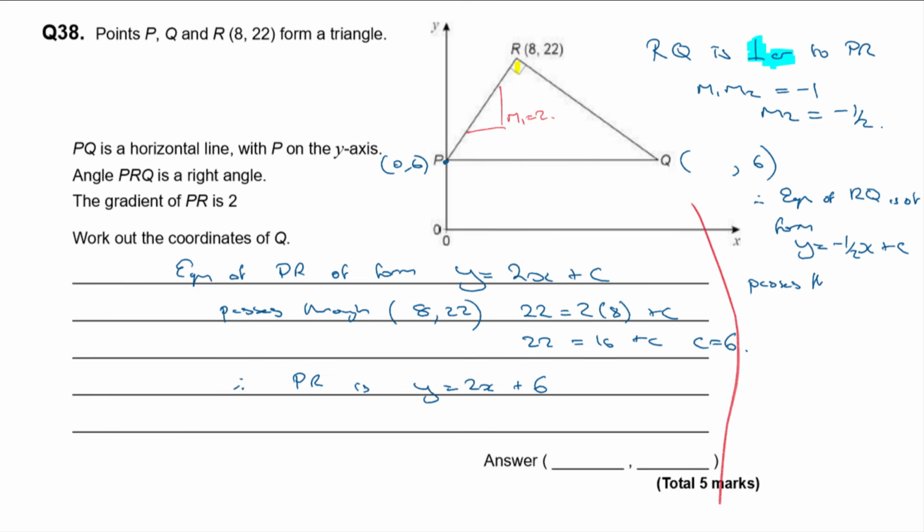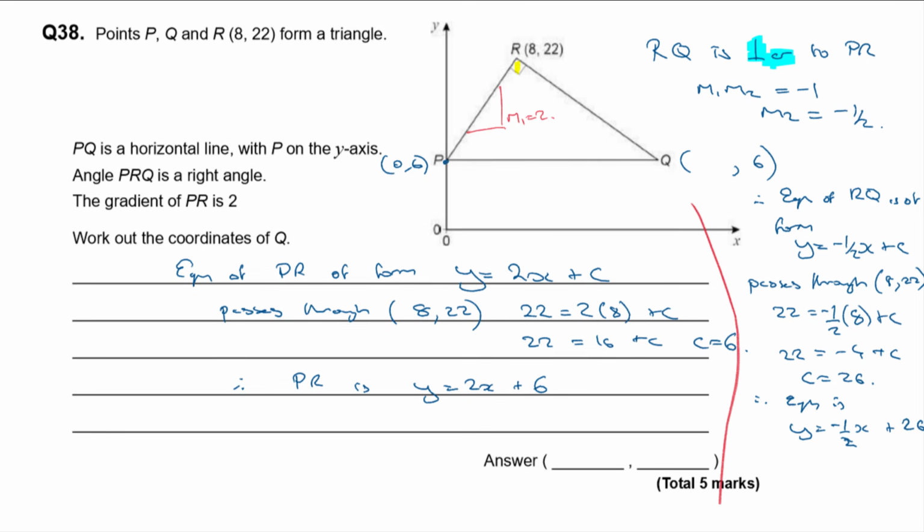It passes through 8, 22. Both lines meet there. So if you sub those values in, I'm going to get 22 is equal to minus 1/2 of 8 plus c. Now minus 1/2 of 8 is minus 4. So that makes c equal to 26, isn't it? And therefore the equation is y is equal to minus 1/2 x plus 26.